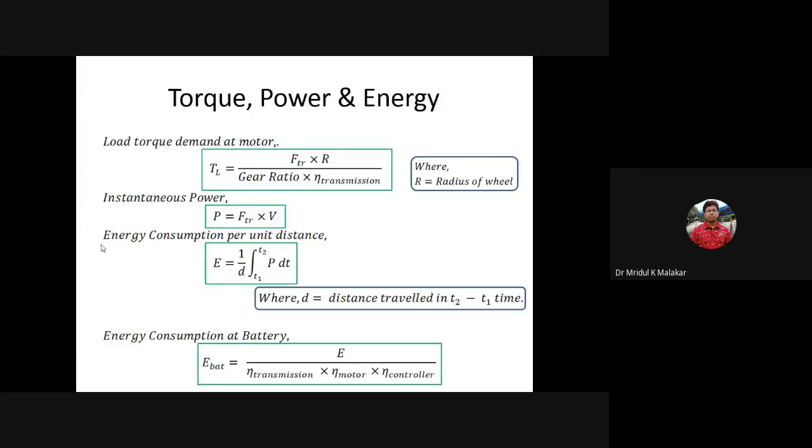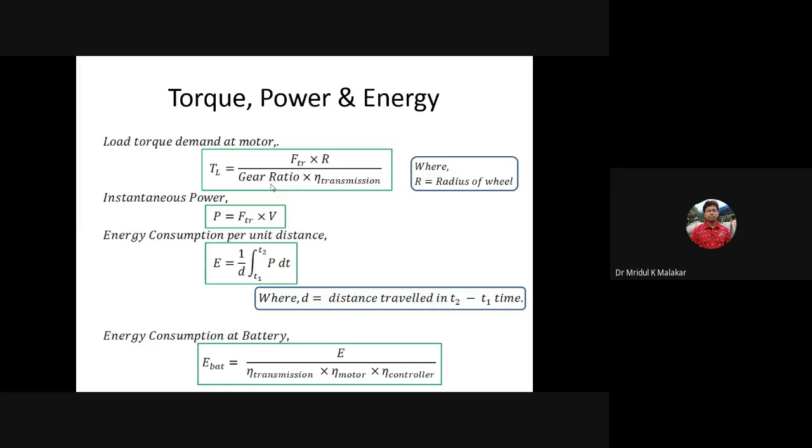That's why we have to calculate this total load torque, which we can get from this kind of relation. You will get some gear ratio if it is a transmission gear. At that time you will get some constant value.